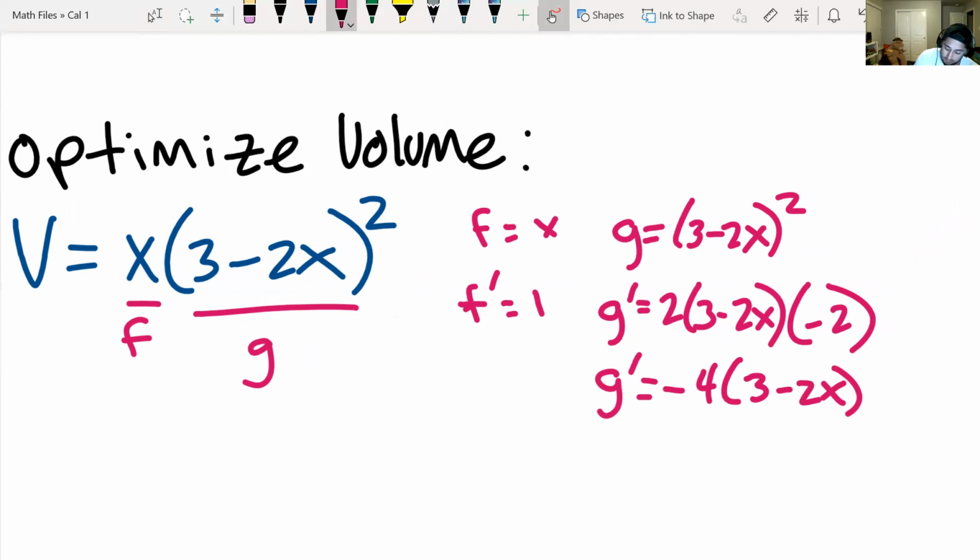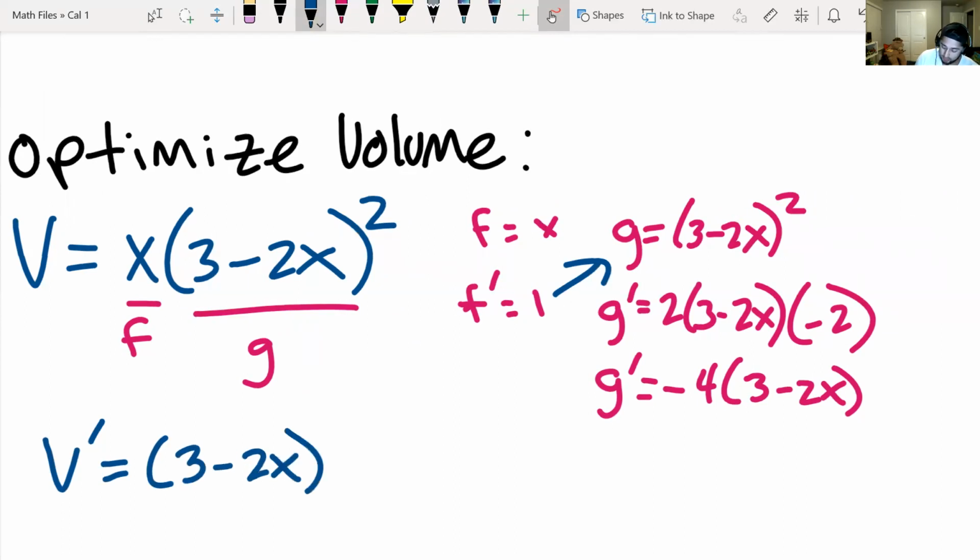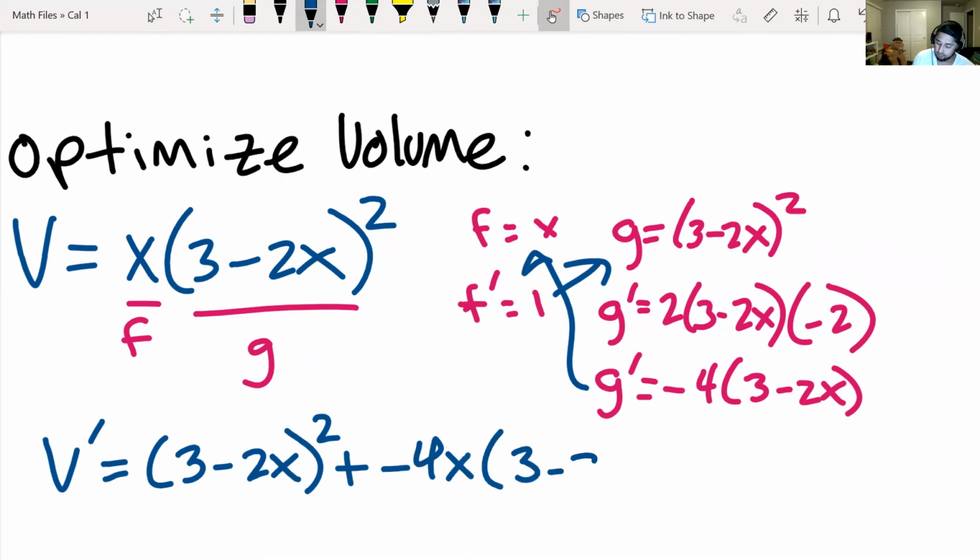Okay, which means we're ready to come back to the derivative. V prime is F prime G, 3 minus 2x squared, plus G prime F. That's going to be negative 4x times 3 minus 2x.